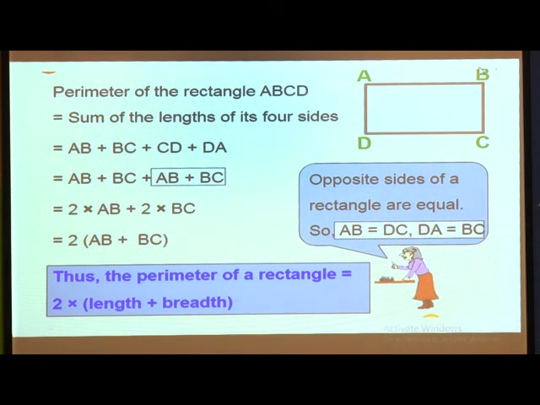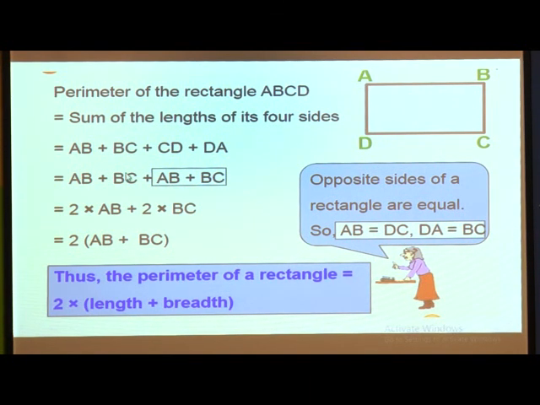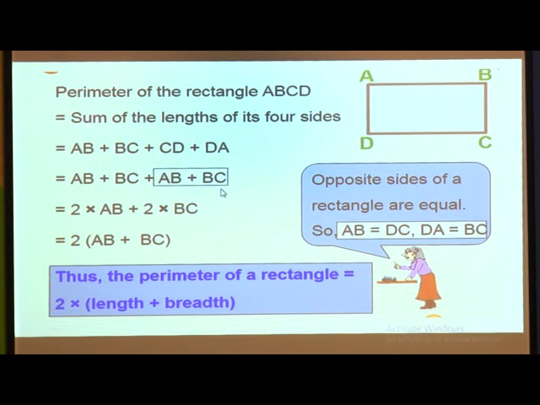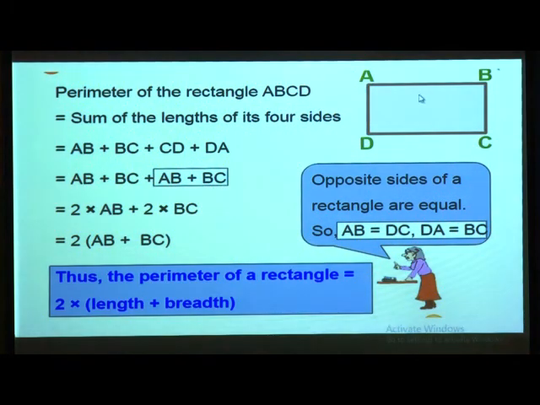So, all the sides we have added, AB plus BC and AB plus BC. Now, you can see here AB plus BC.